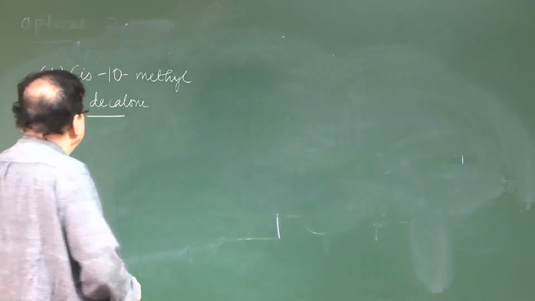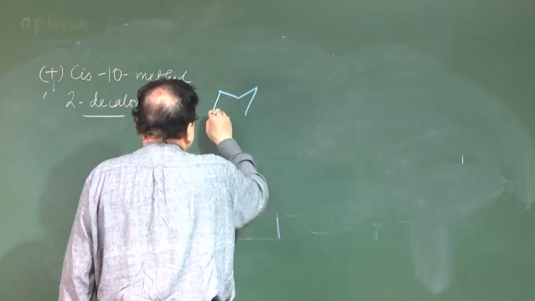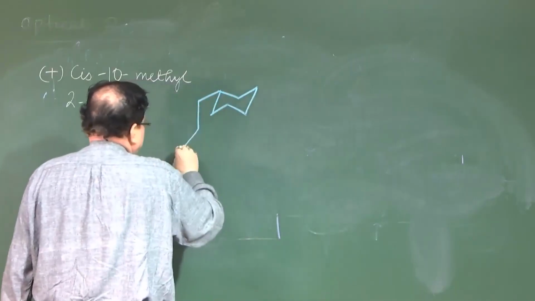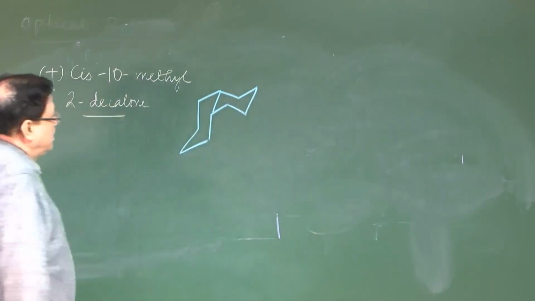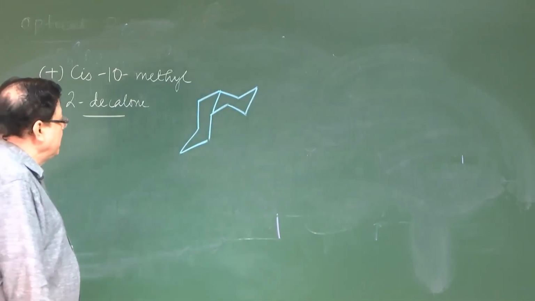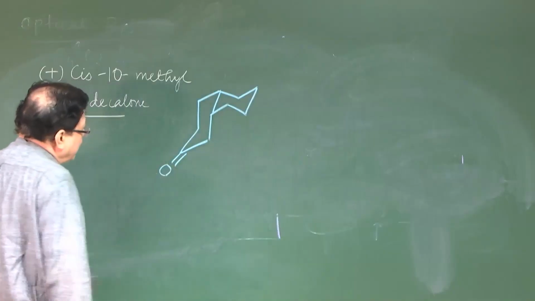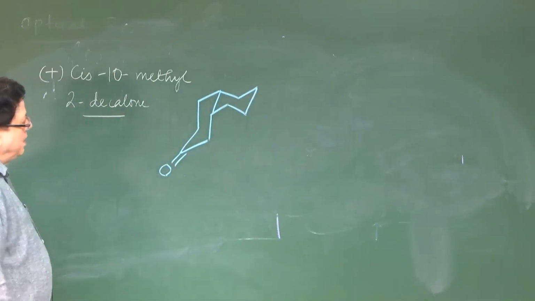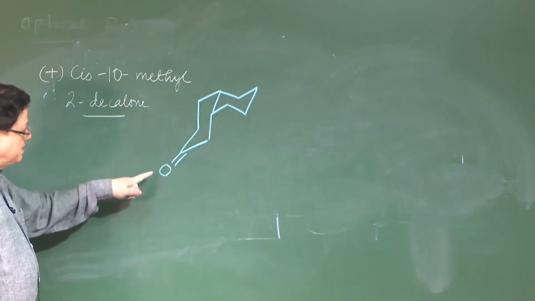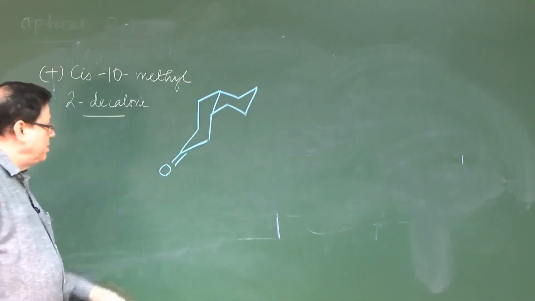Okay. So, one is, see, this is cis decalin. Now, the question is, where do you put the carbonyl, where do you put the methyl, all these things. If I put the carbonyl here, that helps me in drawing the projection very easily, because the carbonyl is positioned at the right point.